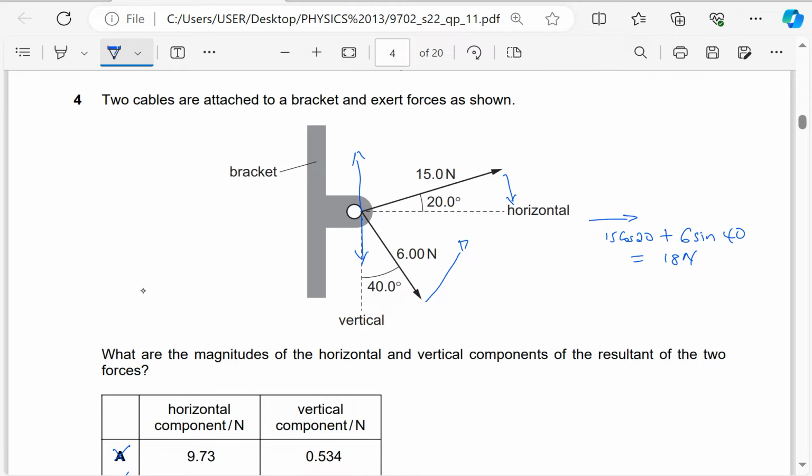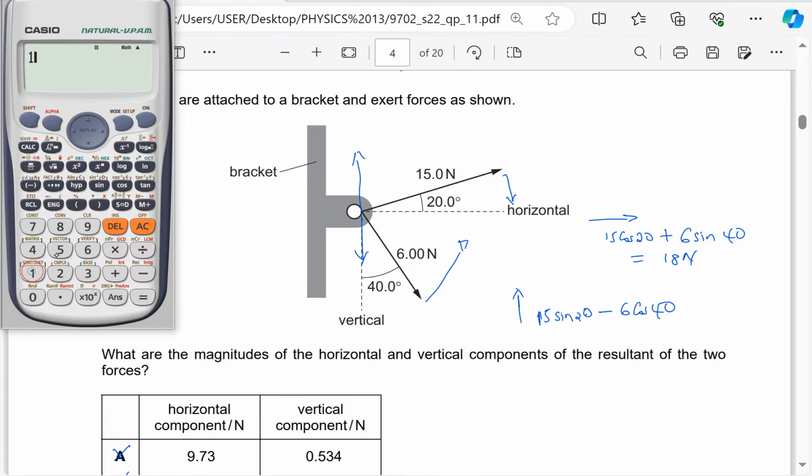So I'm considering the vertical. It will be 15 sine of 20 and it points upwards. So I'll subtract 6 cos of 40, because I'm using 40 degrees, and it points downwards. I'm subtracting because it's downwards.